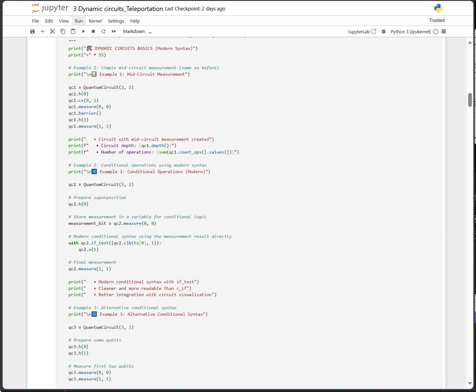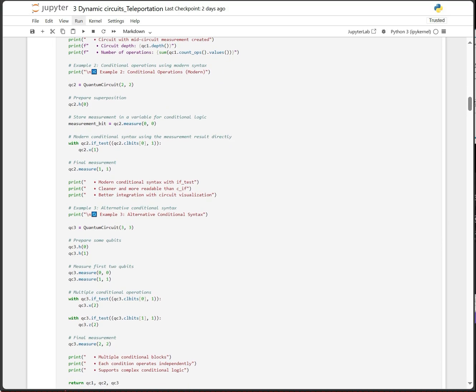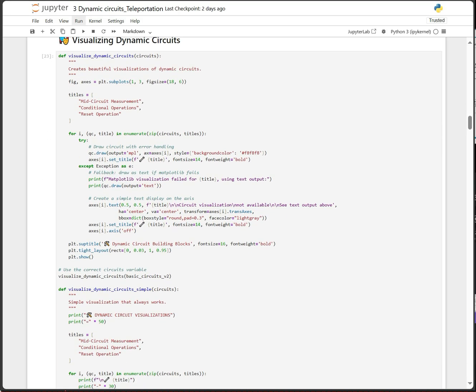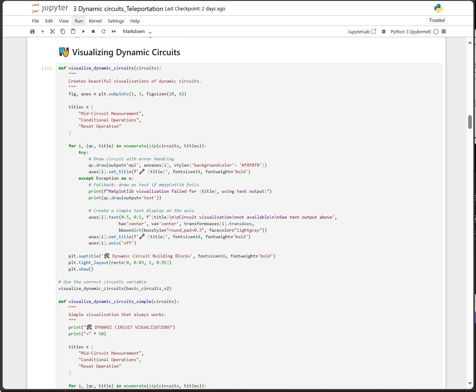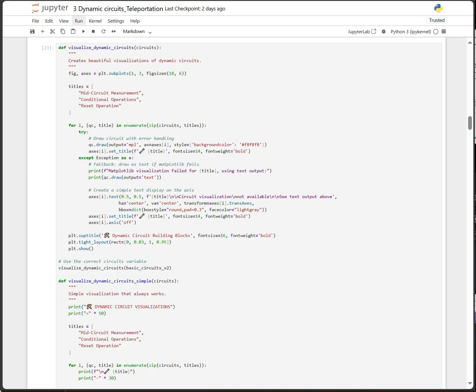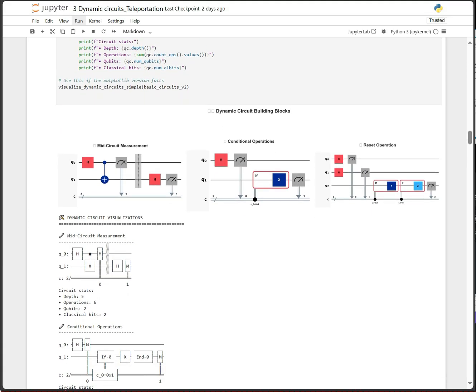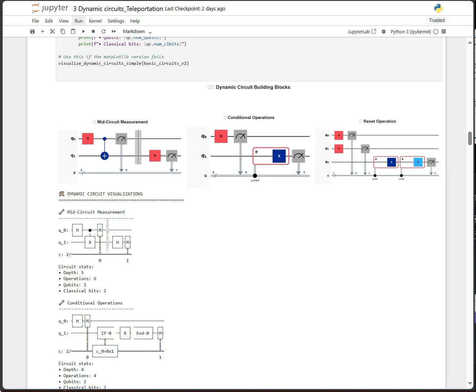You can check here for more detail on how these examples are built, but I think it's more interesting to visualize the dynamic circuit. We can observe them with this method, visualize dynamic circuit, and visualize dynamic circuit simple, which just print the structure of the circuits in a different way.